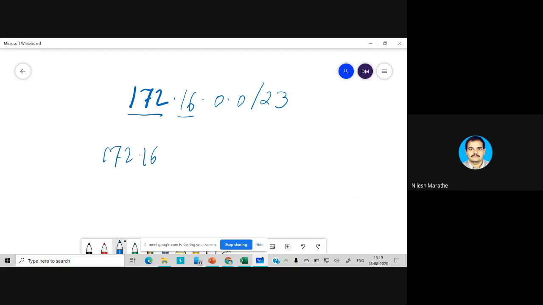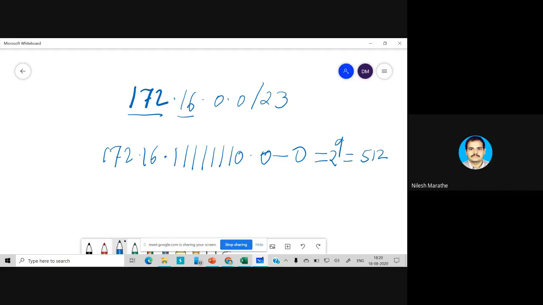From the last 2 octets, how many bits? 7 bits: 1 2 3 4 5 6 7. The last octet is 0, and here again 0. So how many host bits are available here? 8 plus 1, that is 9. So the number of hosts is 2 raised to 9, that is 512. That is 512 available.